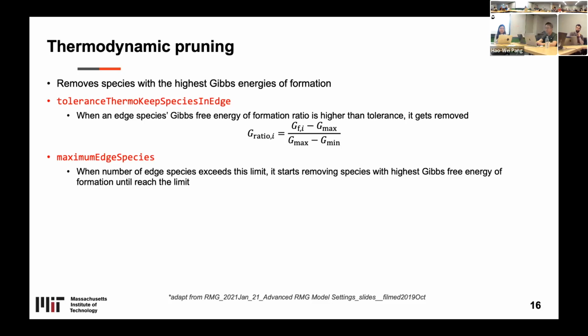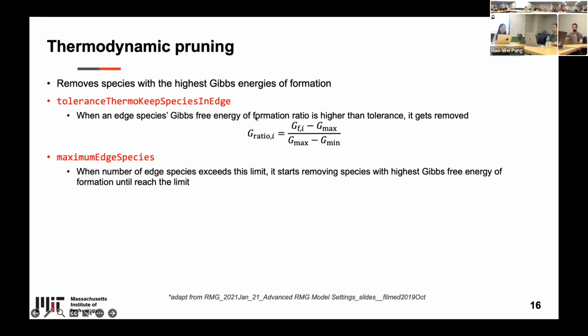And if its Gibbs free energy of formation is higher than, say, 50% of the species in the core, then you would put 0.5 here. So if I put 0.5 here, it means that I tell RMG to remove an edge species if it has Gibbs free energy of formation higher than 50% of the species in the core.